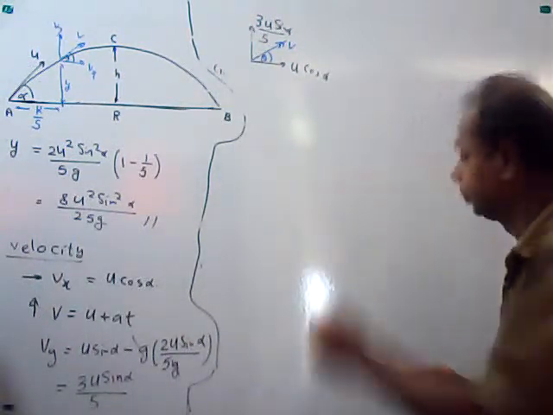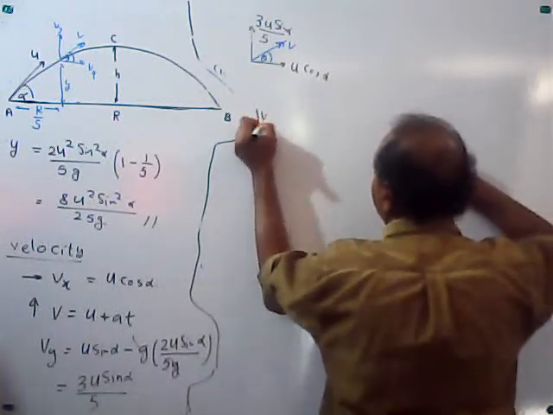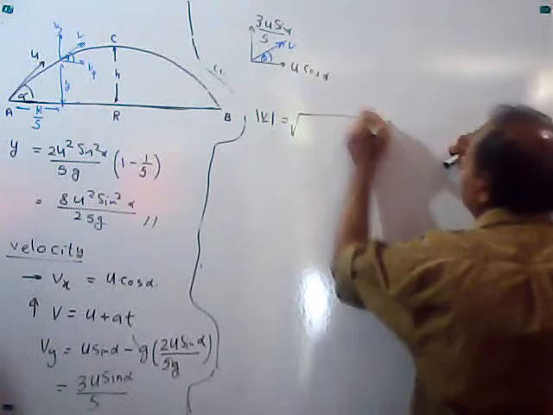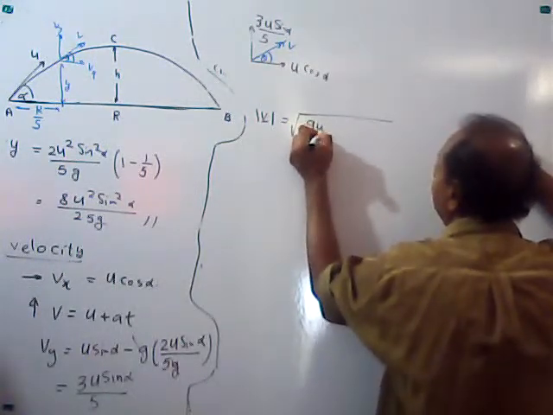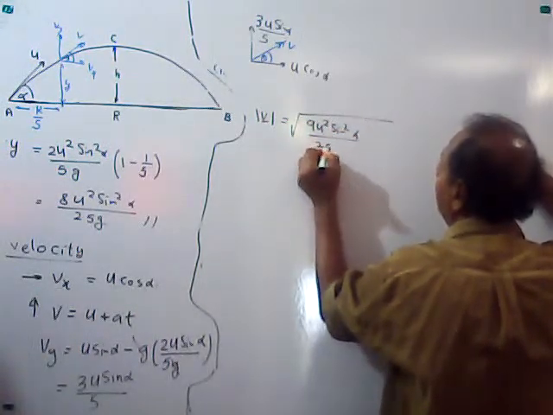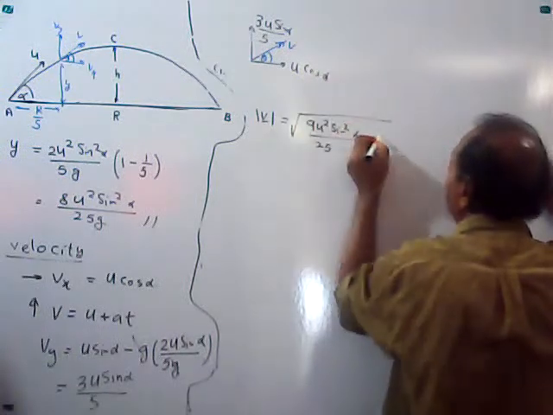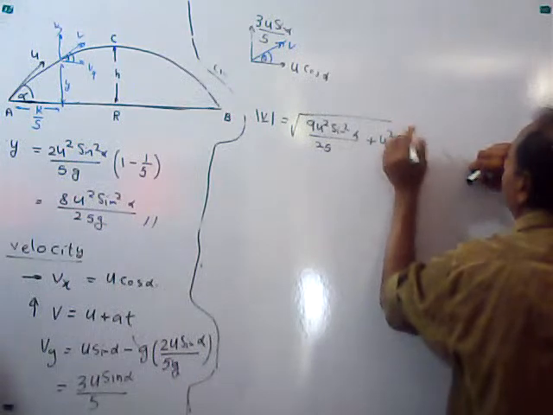Then the magnitude of the velocity is equal to the square root of 9u squared sine squared alpha over 25 plus u squared cos squared alpha.